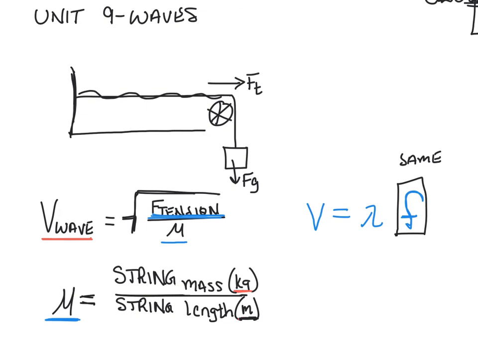But then we'll increase the force of gravity, thus increasing the force of tension. What sort of effect does that have on your wave? These are the sorts of questions that physics and College Board are trying to get at by giving us these two equations. Well, if force of tension goes up, then your velocity goes up. And if your velocity goes up and your frequency had to stay the same, then that means that your wavelength goes up.